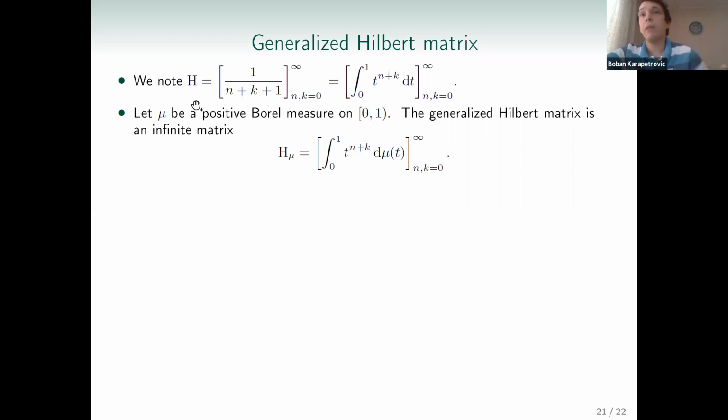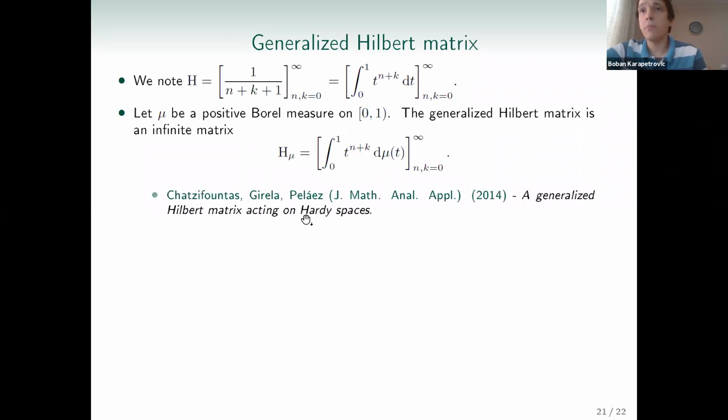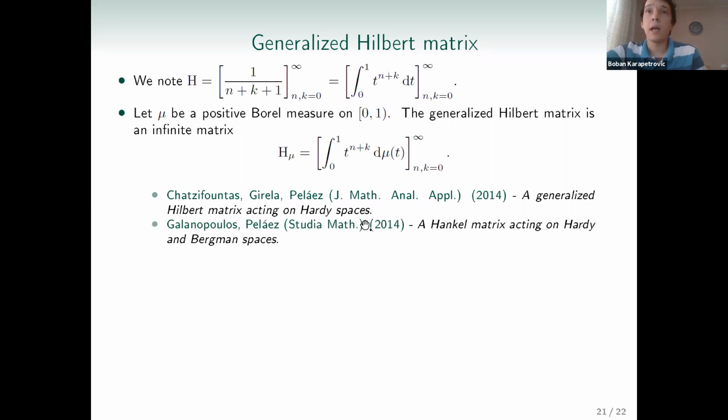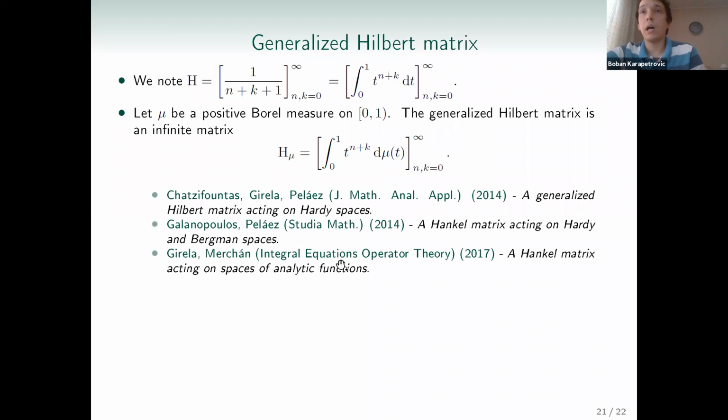And there are many important and very nice results related to this generalized Hilbert matrix. And I list some of them. So we have this paper, Hatzifontas, Givela, Pelaez, 2014, on the Hardy spaces. Galanopoulos, Pelaez, 2014, on Hardy and Bergman spaces.